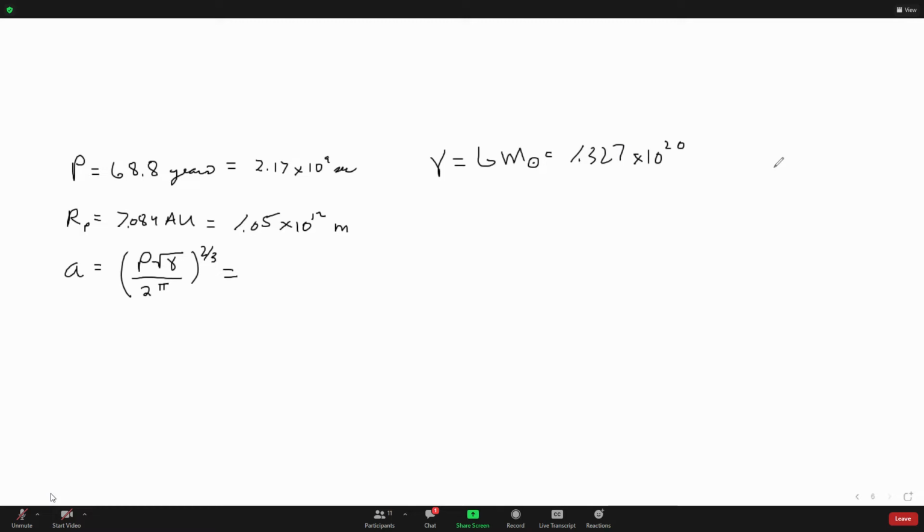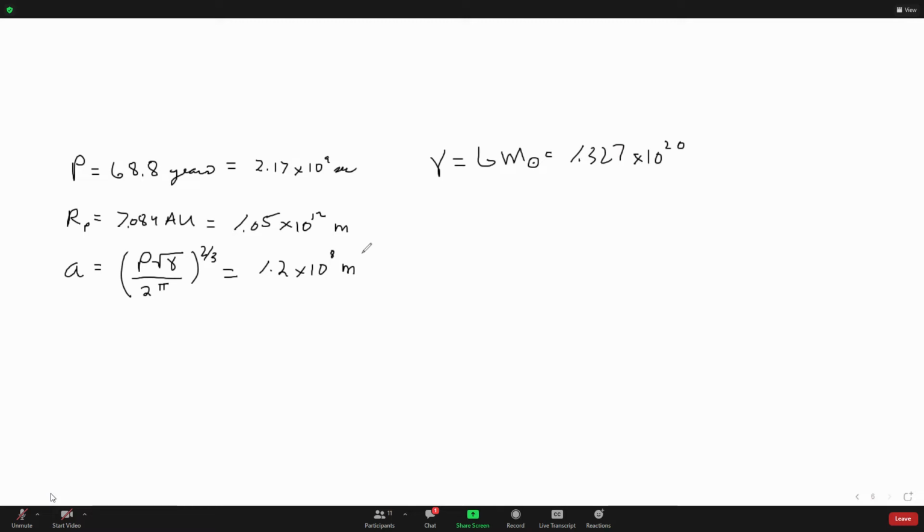I got 1.2 times 10 to the 8. Meters? No, that can't be. It's got to be greater than the radius at perihelion. Okay, let's work it out together.